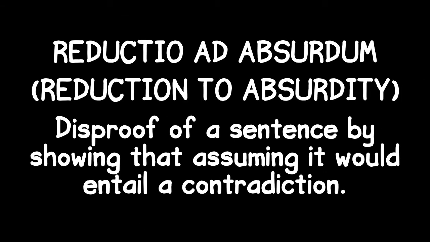This pattern of reasoning is such a classic that it's typically known by its Latin name, reductio ad absurdum, or reductio for short. That translates in English as reduction to absurdity. A reductio is a disproof of a sentence by showing that assuming it would entail a contradiction.